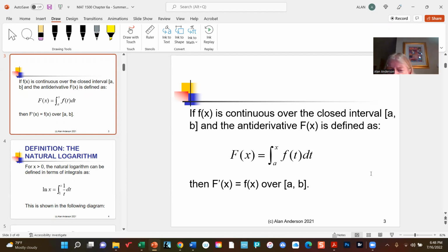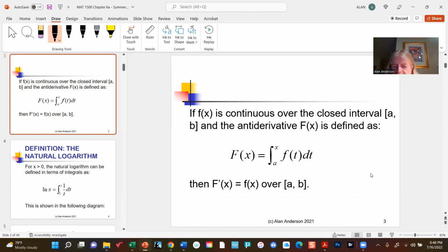We can define the antiderivative as the integral of our function f of t over the interval from a to x. Okay, and so also don't forget that because capital F is the antiderivative, that implies that its derivative is the original function. So the antiderivative is the function whose derivative gives us back the original function. And this only has to be true over the closed interval from a to b.